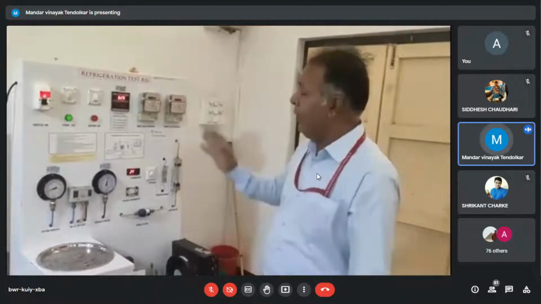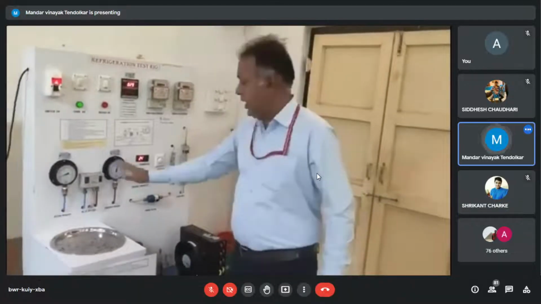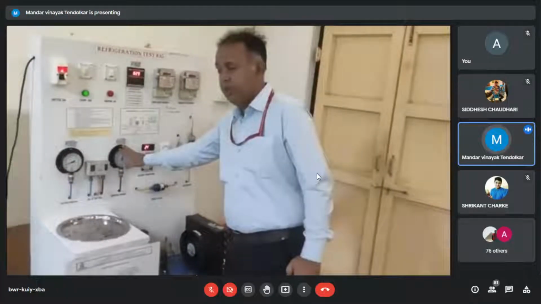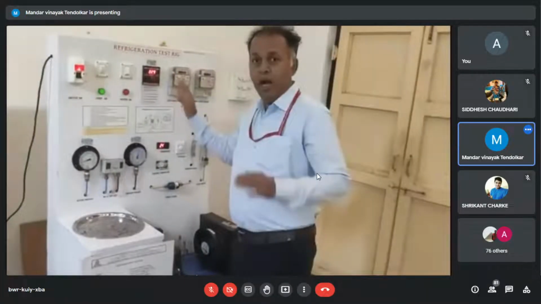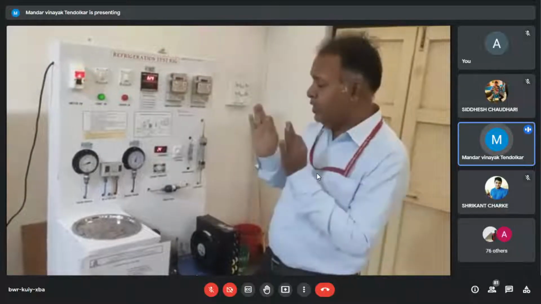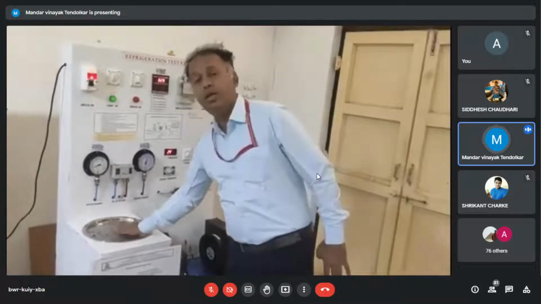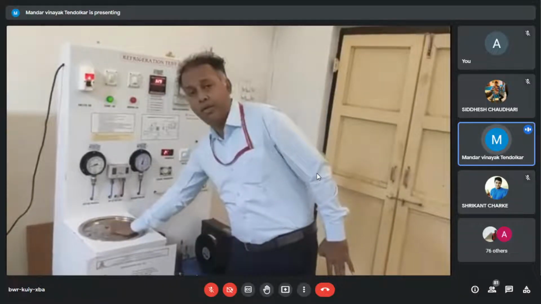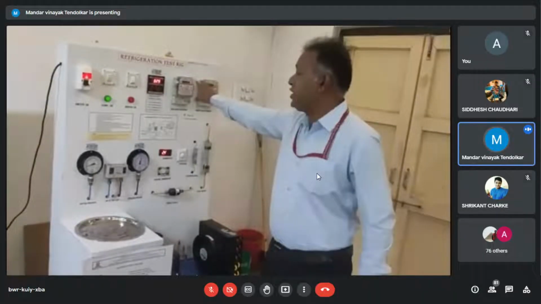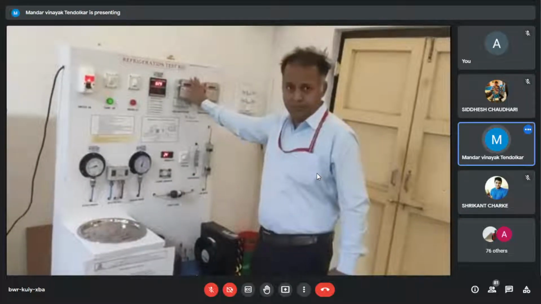Now how do we demonstrate it? By actually measuring the suction pressure, the discharge pressure, and the temperatures. We also determine the experimental COP by finding the refrigerating effect using actual temperature measurements and the actual power consumed meter.